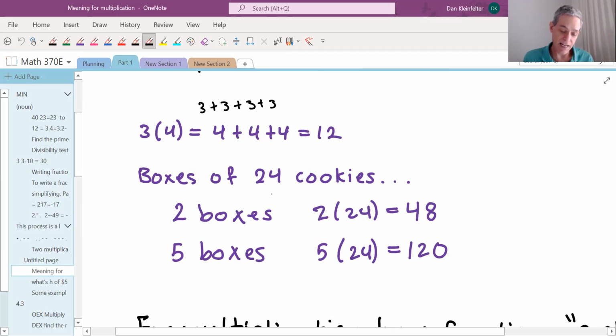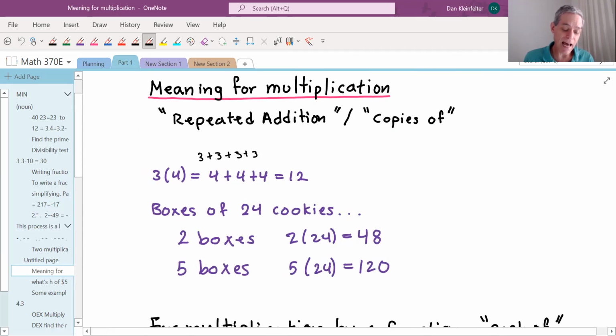So basically, we're taking a number, 24, the number of cookies we have, and we're taking copies of it, or repeatedly adding, so that you're not writing 24 down 5 times and adding it all up. Nobody wants to do that. So multiplication is a way of adding quickly or repeatedly adding.